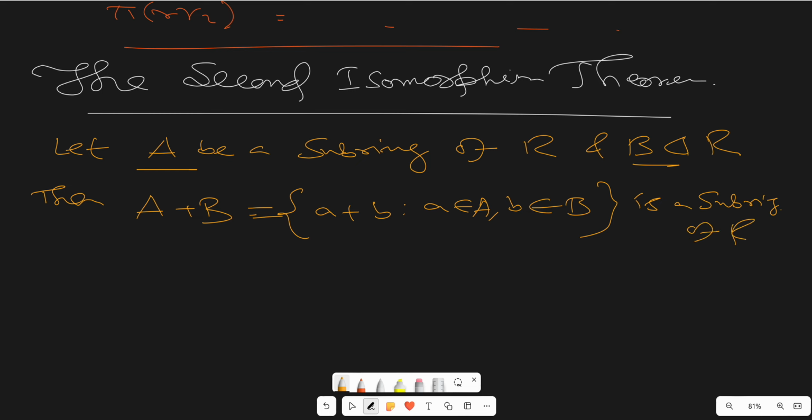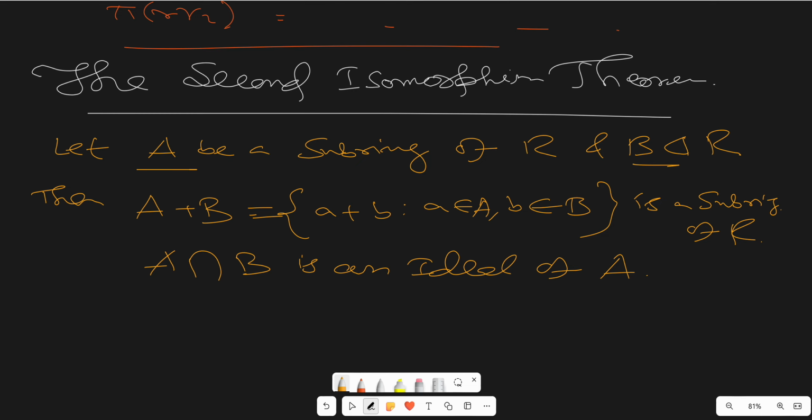This is a subring of R, which you have to show first, and A intersection B is an ideal of A. In group theory, A plus B was a subgroup of the group G, and A intersection B was a normal subgroup of A, because A was a subgroup and B was a normal subgroup.